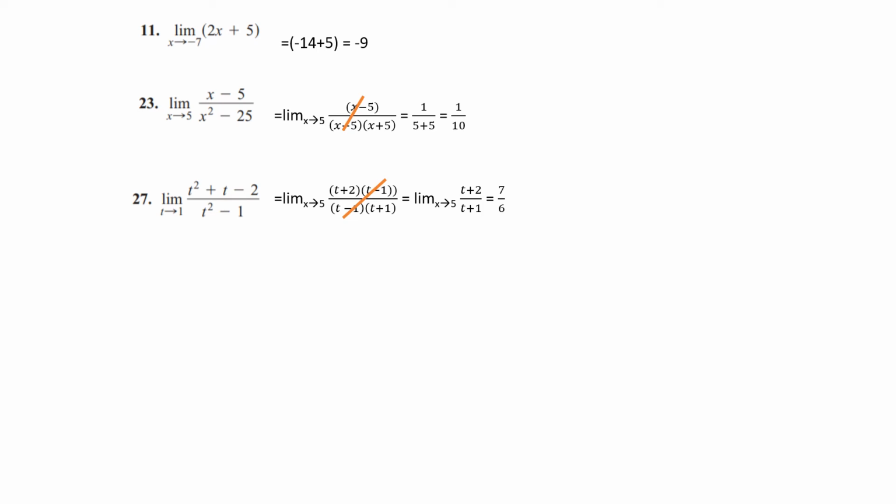We have t plus 2, t minus 1, divided by t squared, t minus 1, t plus 1. Right? This is gone, then you just replace it. Okay, that's good. Okay, let's take a look at the rest next.